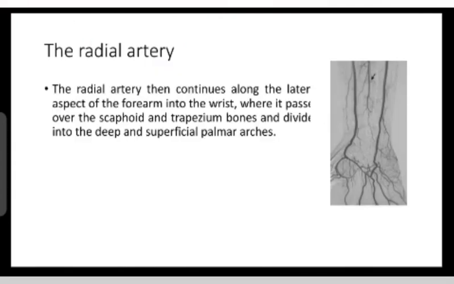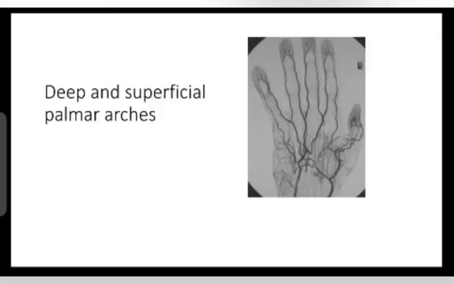The radial artery will continue along the lateral aspect of the forearm into the wrist, where it passes over the scaphoid and trapezium bone and divides into deep and superficial palmar arches. So these are the deep and superficial palmar arches on angiography.